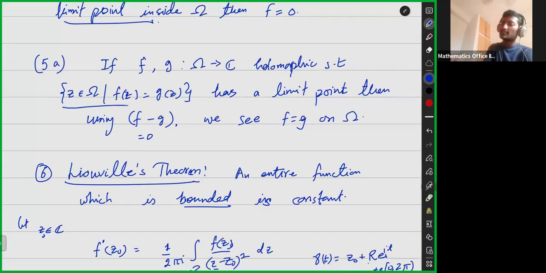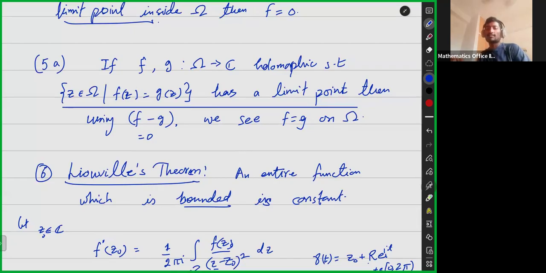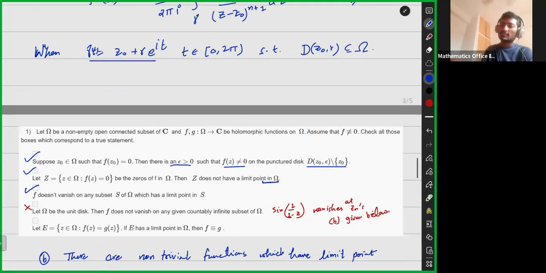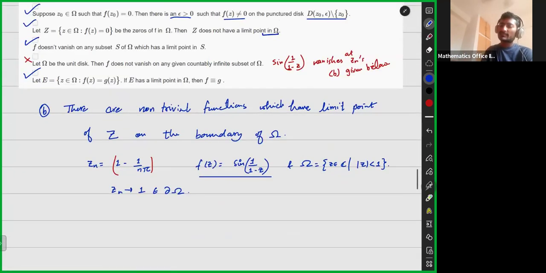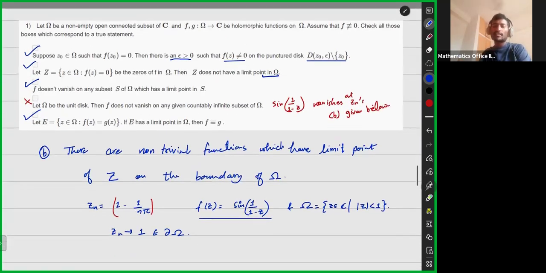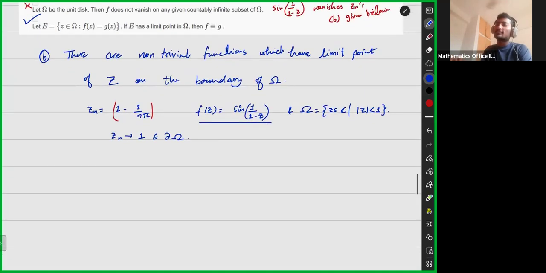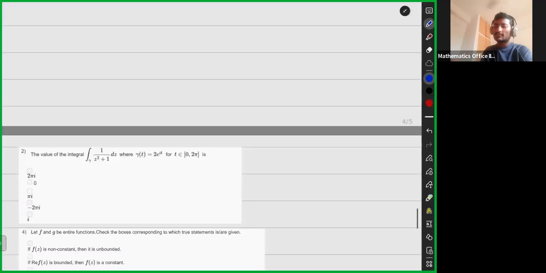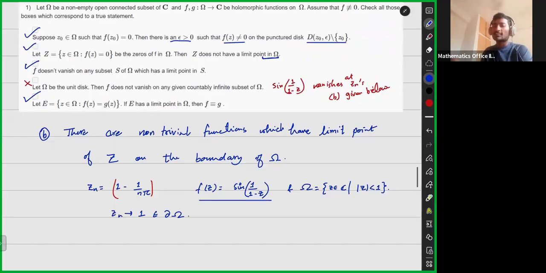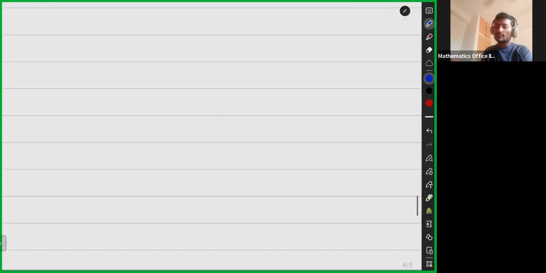If the set where they agree has a limit point, then f is equal to g on omega. So this is correct. I'm not writing the solutions for everything, but what I'm discussing, you might follow, right? Most of the things were done in class and their results proved in class, so I'm not going to prove them once more.